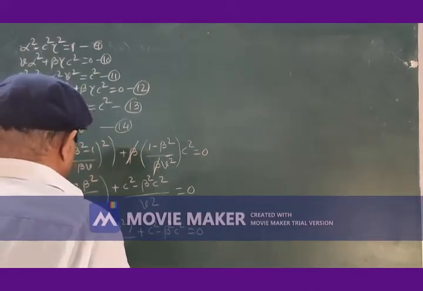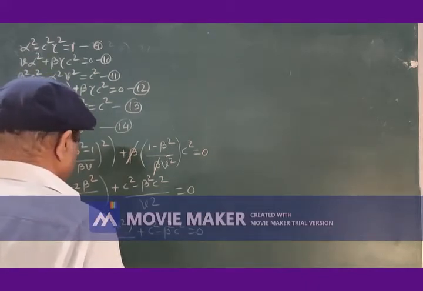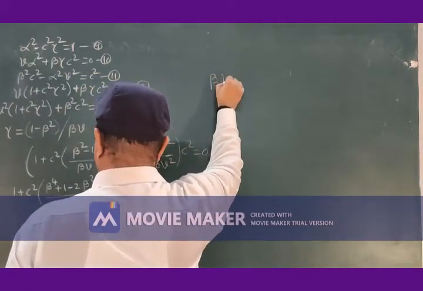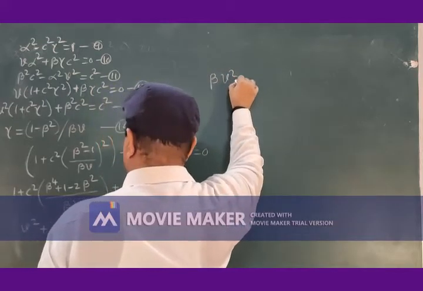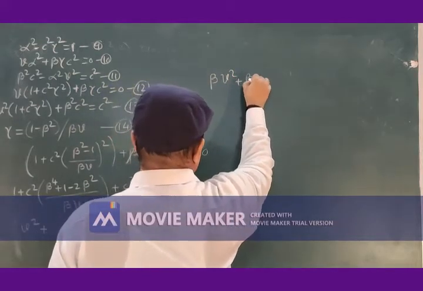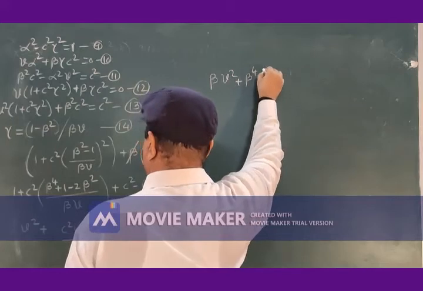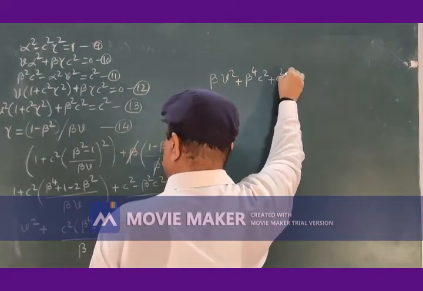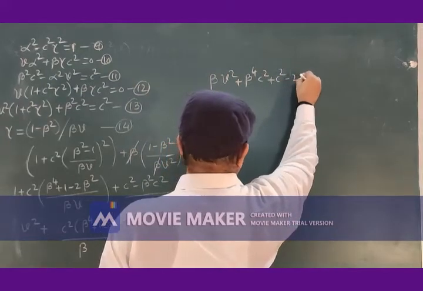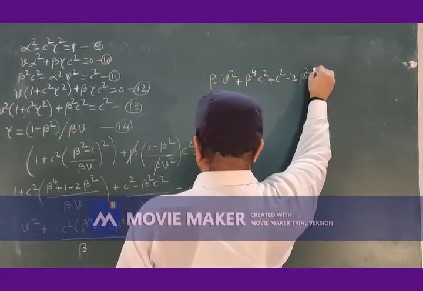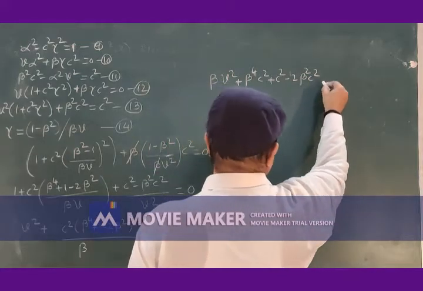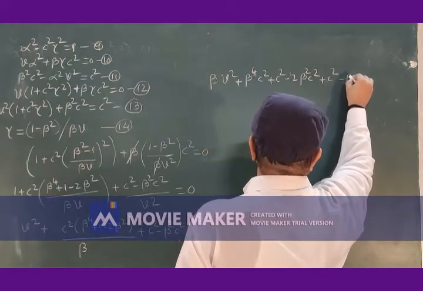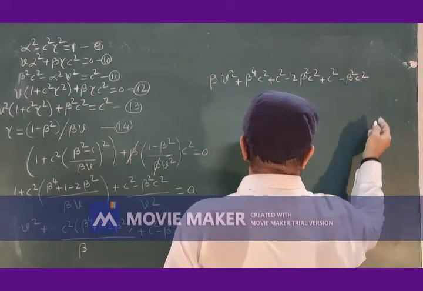If this beta is further taken here, it will be beta squared v square plus beta to the power 4 c square plus c square minus 2 beta square c square plus c square minus beta square c square.